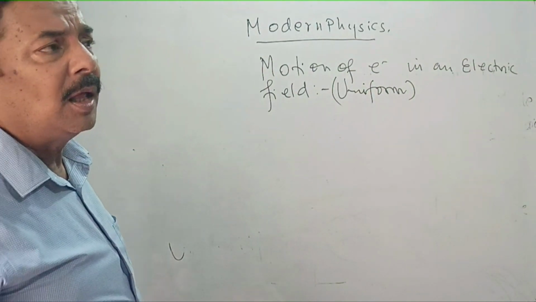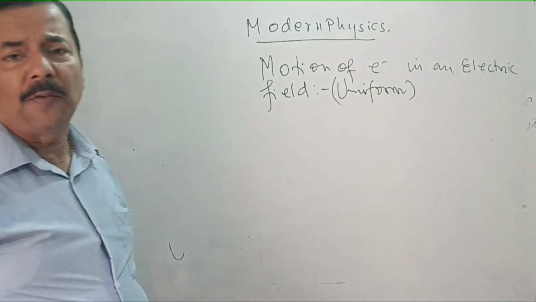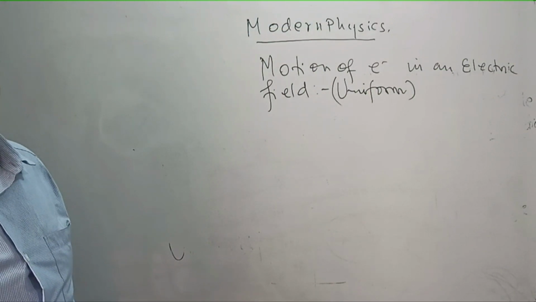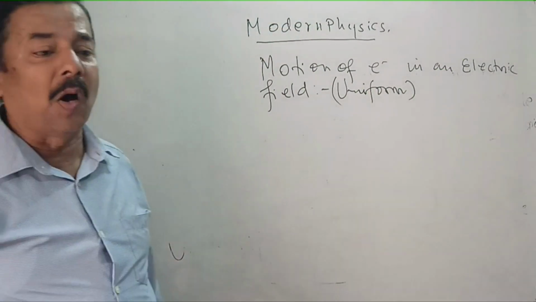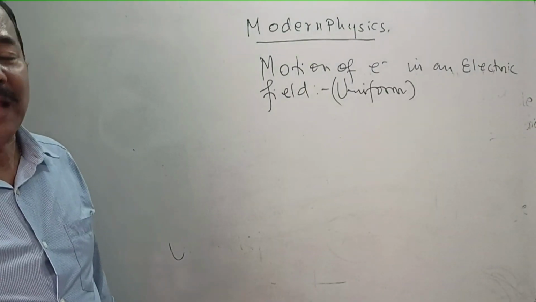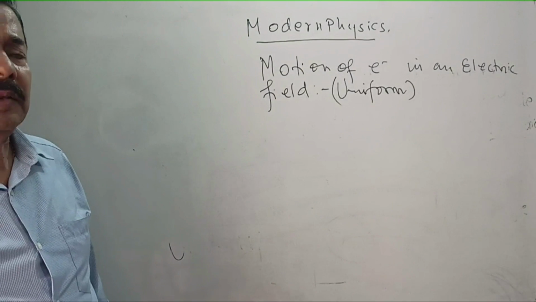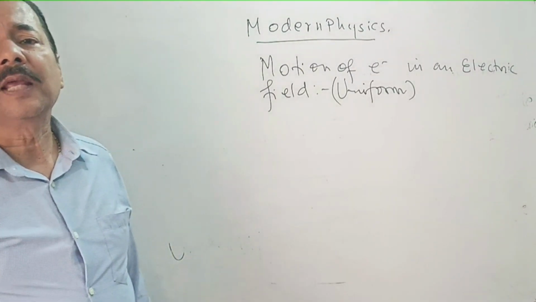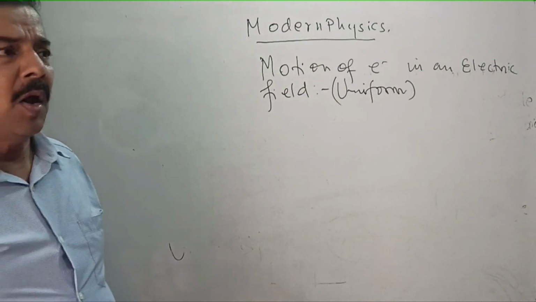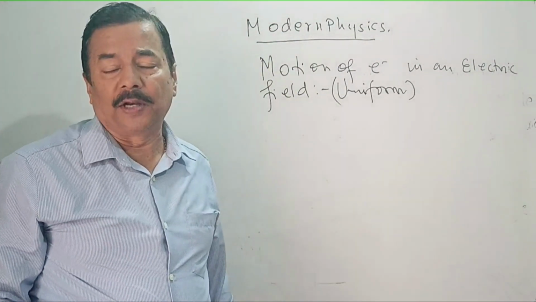If the direction of projection of the electron is in the direction of the electric field or opposite to it, that is parallel or anti-parallel, then we can observe very carefully that the path of the electron will be a straight line, parallel or anti-parallel to the direction of the electric field.